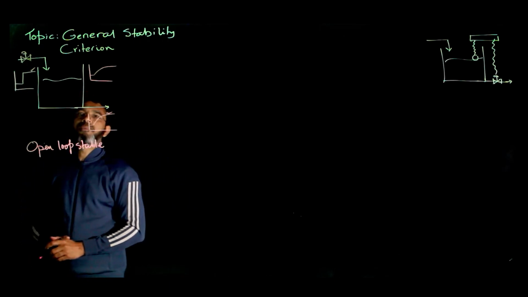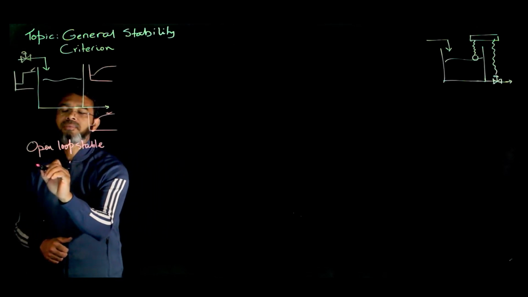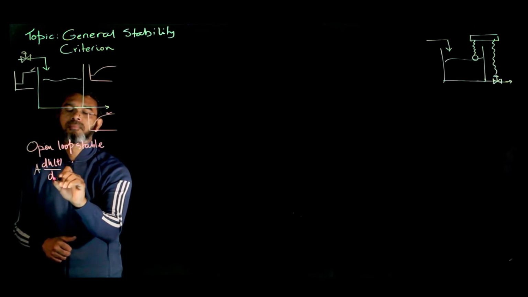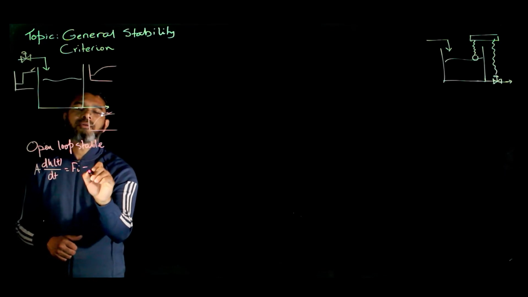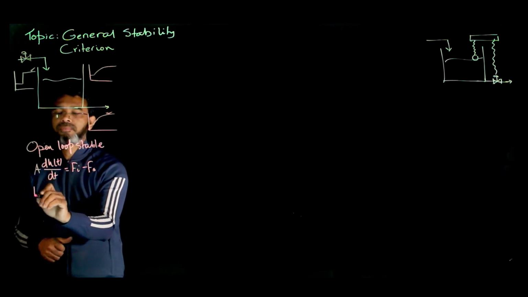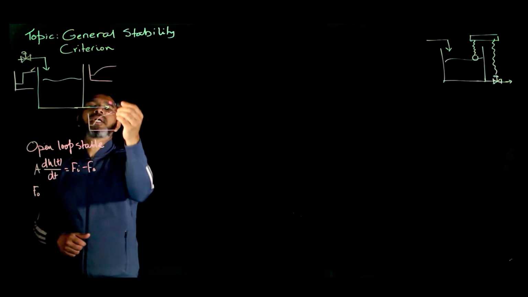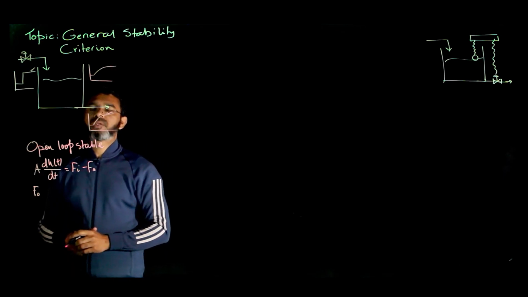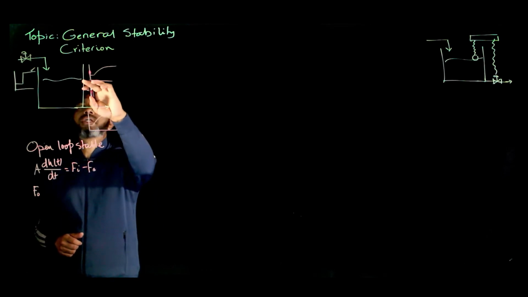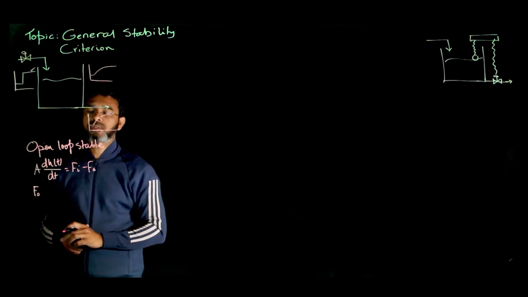Now, if we develop the model of the process, we know that from the first principles, we can simply figure out that the accumulation term is simply Fi minus Fo. Now, for this case, we make the simple assumption that Fo, because if the level increases, the outlet flow increases. So, in the deviational form, initially if the level is here, if the level goes up, the outlet flow is here, so the outlet flow will also go up.